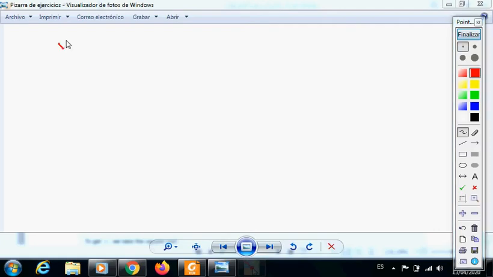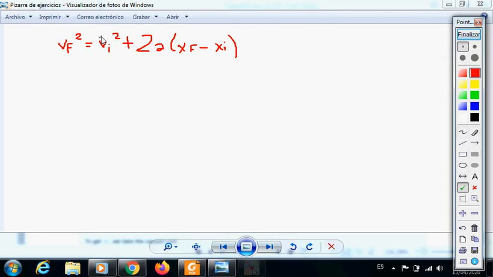As I said, we're going to use the formula: Vf squared, the final velocity squared, is equal to the initial velocity squared plus 2 times the acceleration times the final position minus the initial position. In this case, we have the initial position, the acceleration, and the final position.